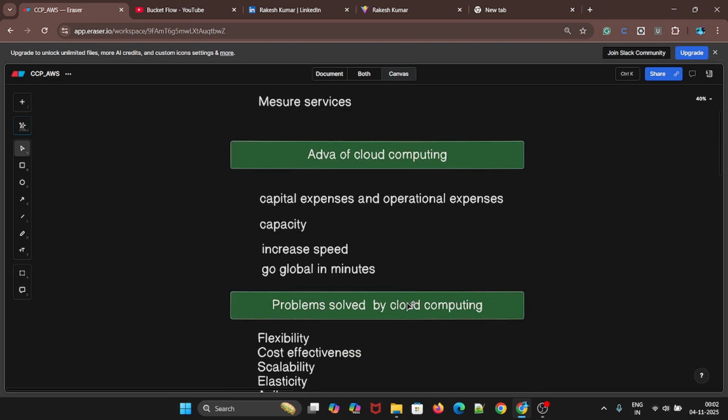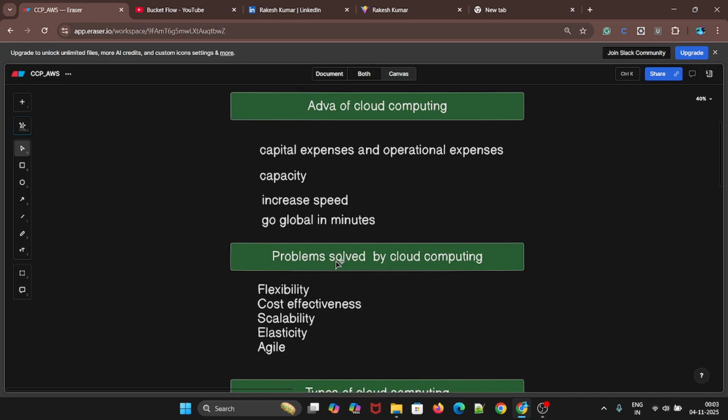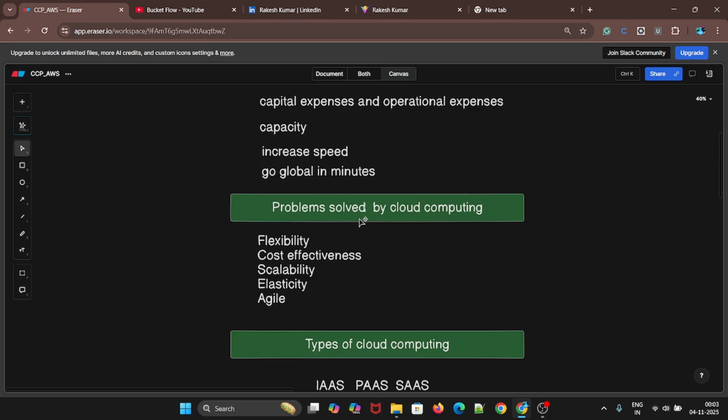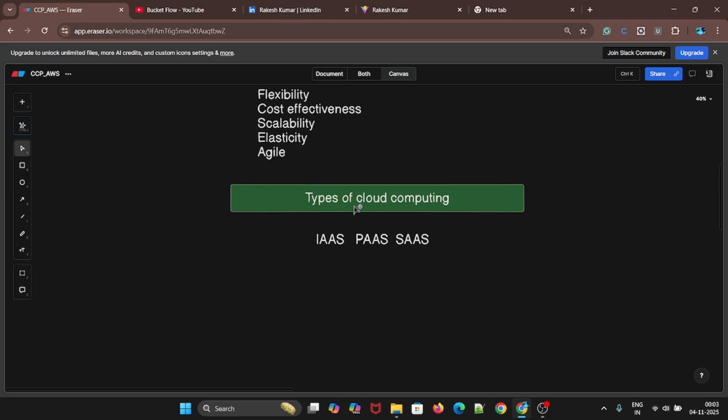Advantages of cloud computing: capital expenses, operational expenses, capacity increase, speed, global in minutes. Problems solved by cloud computing: flexibility, cost effectiveness, scalability, elasticity, agile. And we have types of cloud computing, which we will see in the next video.